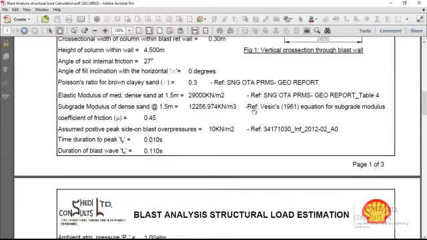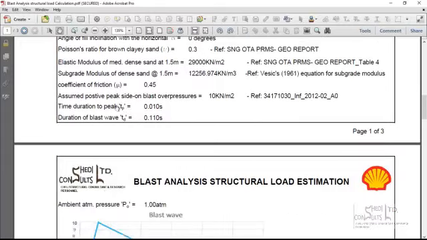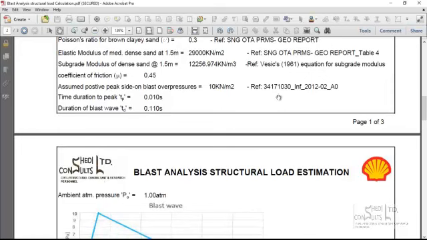Now these are the geotechnical properties, and then these are the blast properties. The peak positive side-on overpressure is about 10 kilopascal. This was obtained from DEP 34 17 10 30, in the absence of a blast risk assessment done within the zone and in the absence of this information being provided. The DEP provided a range of peak static overpressure between 5 and about 65 kilopascal.